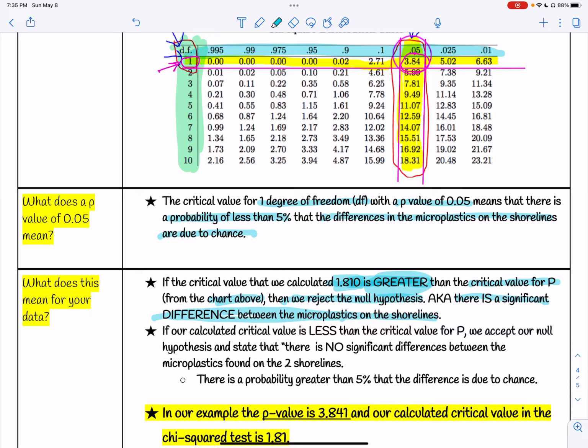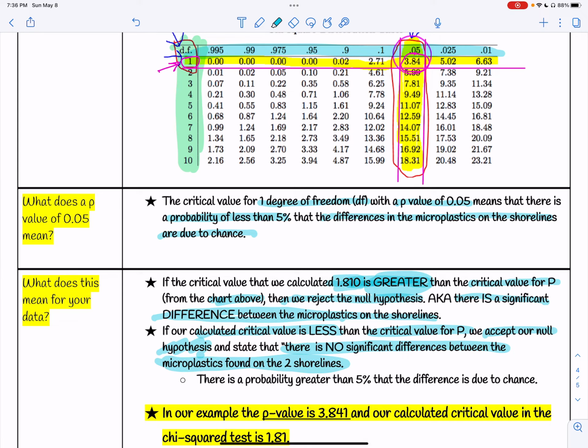And that's if our value is greater than that critical value. If our calculated critical value is less than the critical value for P, which it is, we will accept our null hypothesis and state that there is no significant difference between the microplastics found on the two shorelines.